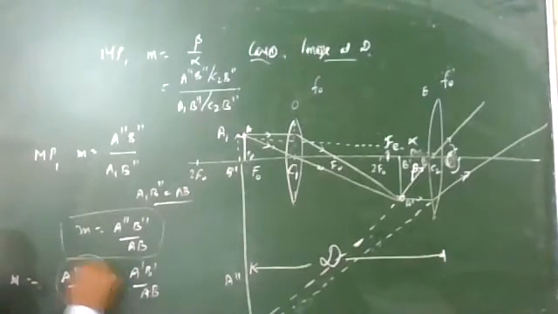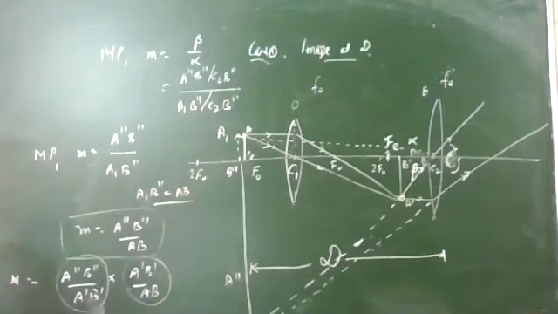Now tell me what is this? A dash B dash upon AB. AB is the object of the objective lens, and A dash B dash is its image. Image of the objective lens divided by object of the objective lens. This is the magnifying power of the first lens, that is the objective lens.